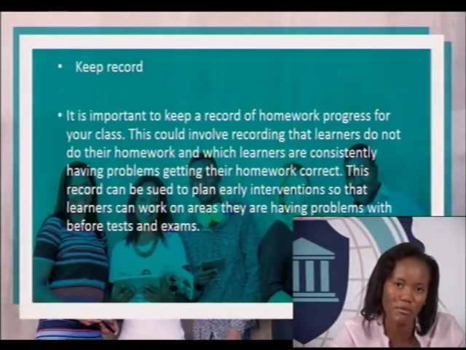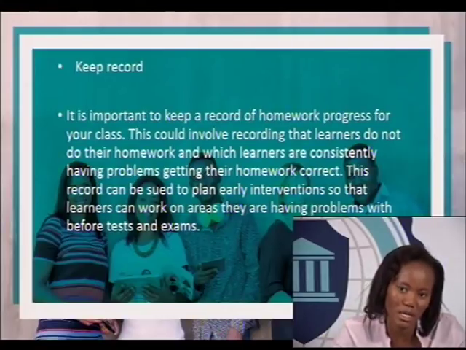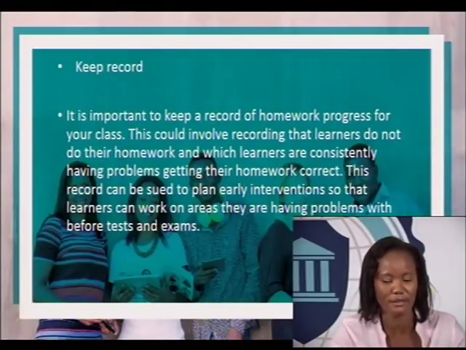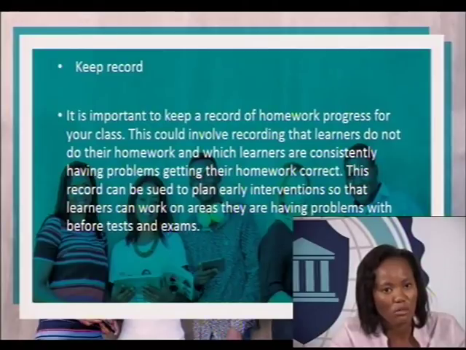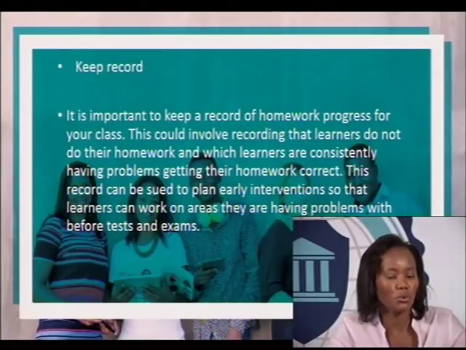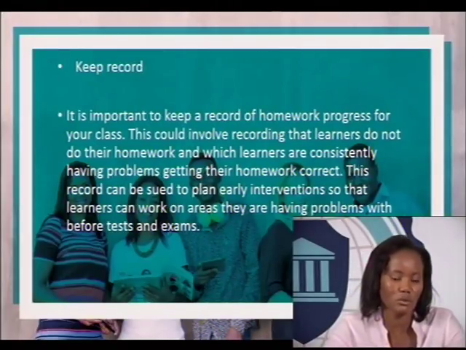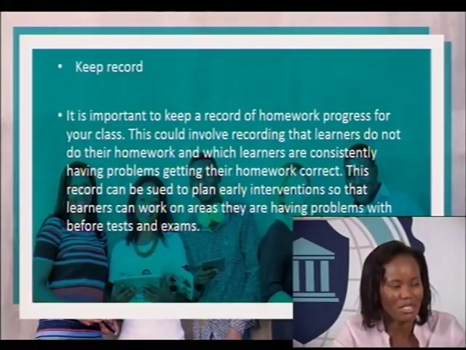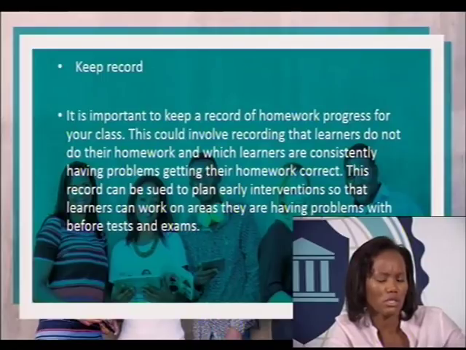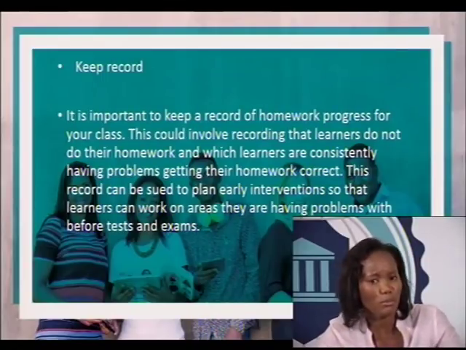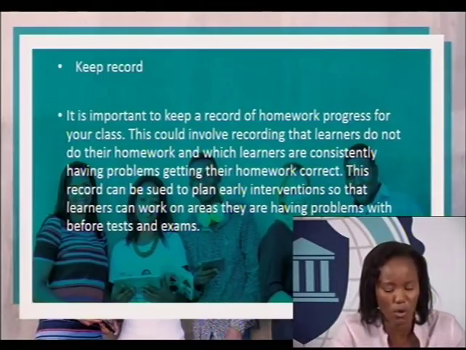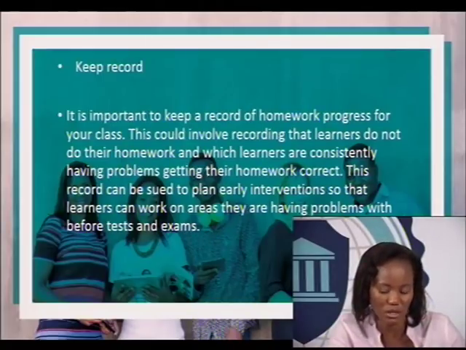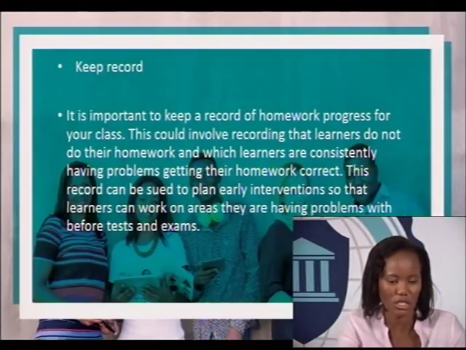At the parents' meeting, inform the parents that this child doesn't do homework, and ask them to please help their child and make sure the homework is done. It also helps you know where to assist this child when you see that this child failed most of the homework and got wrongs on this topic. You'll be able to know where and how to assist, and how to go about compensatory lessons for this particular child.